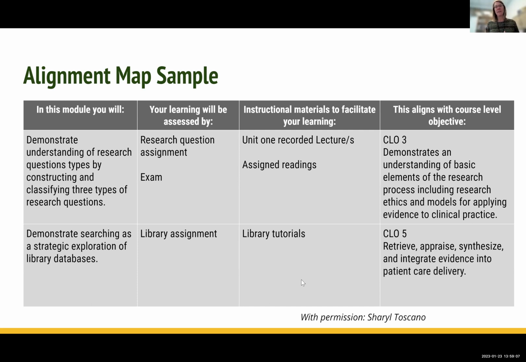So it doesn't always happen at the beginning, but it's just one tool that can be used at any point in your design of the course or delivery of the course, just to find holes. So to look for things where there's really not enough practice for this one, or there's really no assessment that assesses this particular outcome.